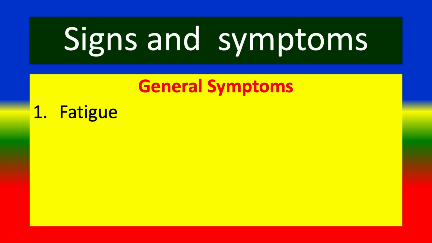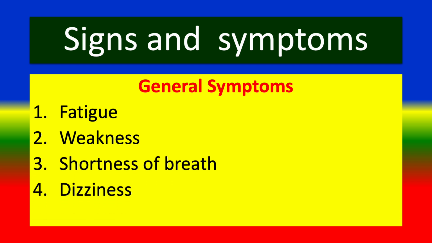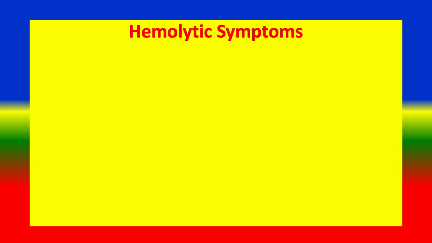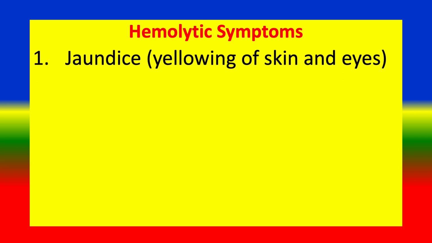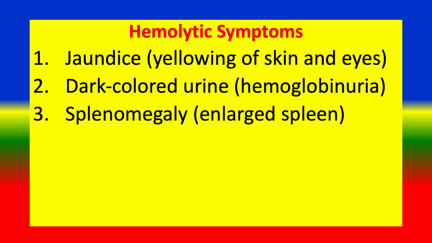Signs and symptoms. General symptoms: 1. Fatigue, 2. Weakness, 3. Shortness of breath, 4. Dizziness, 5. Pale skin. Hemolytic symptoms: 1. Jaundice, yellowing of skin and eyes, 2. Dark colored urine, hemoglobinuria, 3.